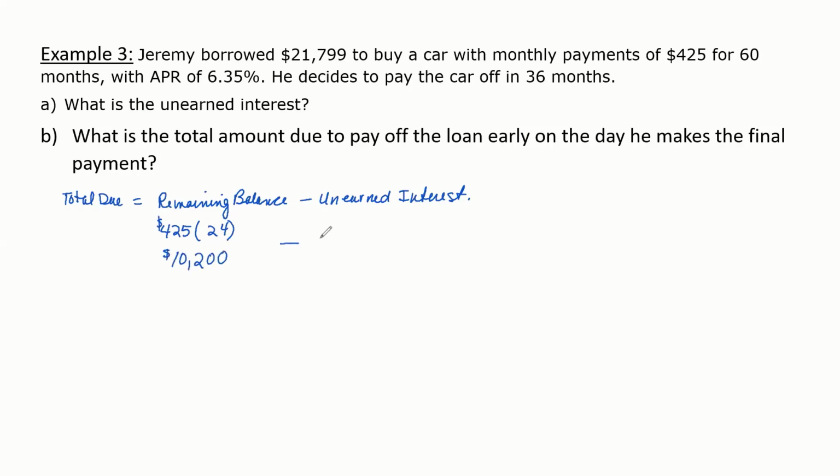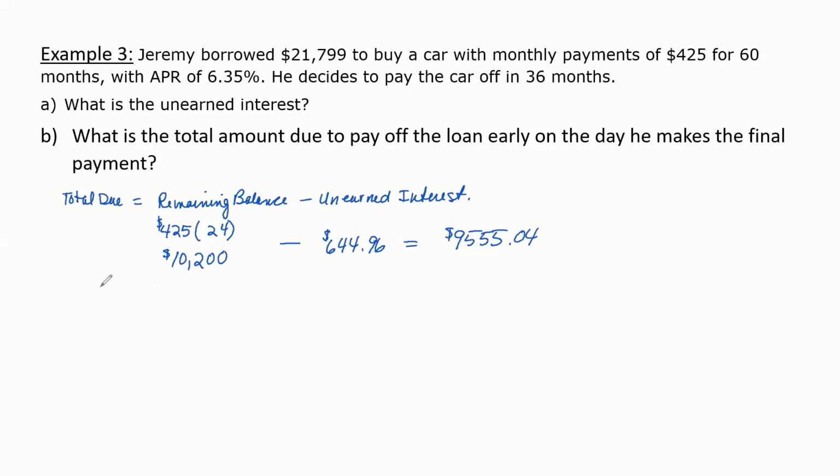But we're saving the unearned interest that we calculated earlier of $644.96. So saving that money is going to result in only paying back $9,555.04 when we subtract 10,200 minus 644.96.